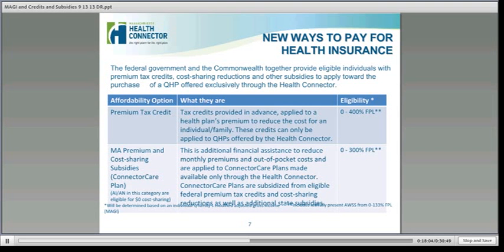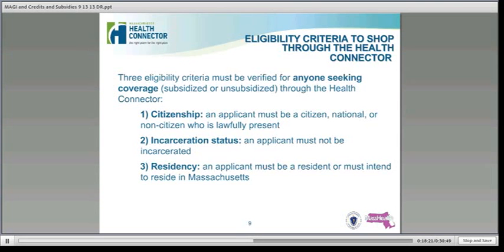Just want to bring your attention to the slide. This is a graphic that folks, I believe, have seen before. It's a yellow and blue graphic. But I want to make special note that probably not every time you see this, but as we've been moving along, we've been updating this to reflect our most recent policy decisions.